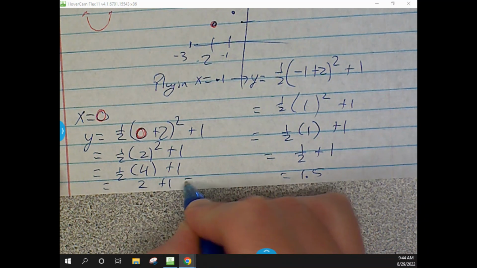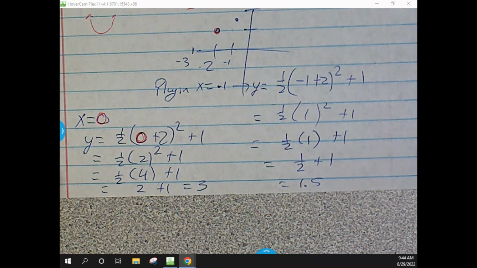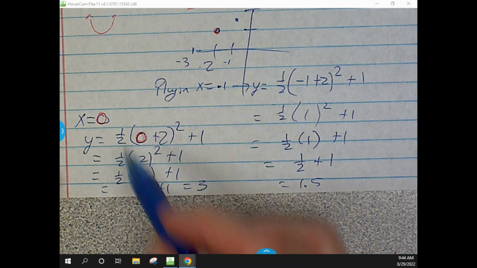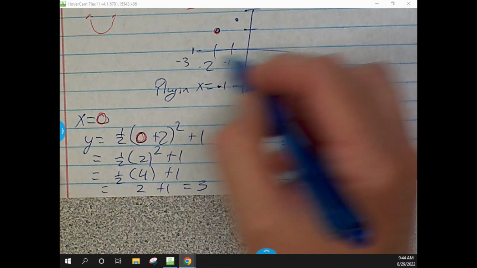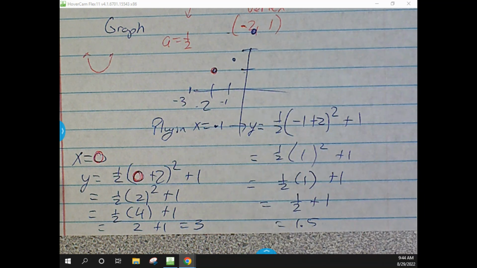That's 2 plus 1, so that is 3. Okay, so in that case, we plug in 0, we get 3, so that's at 0, 1, 2, that's at 3 up here.